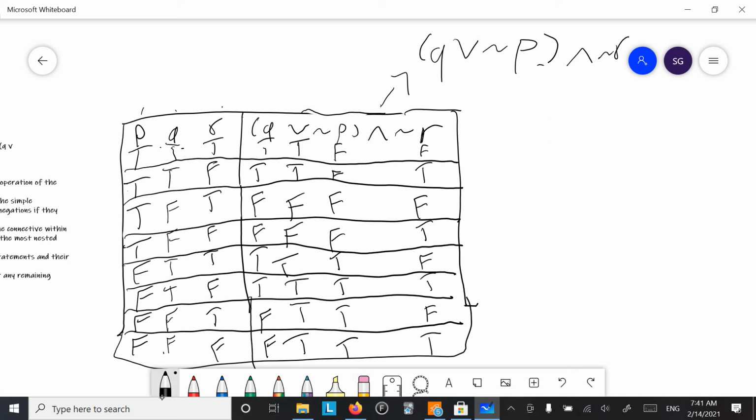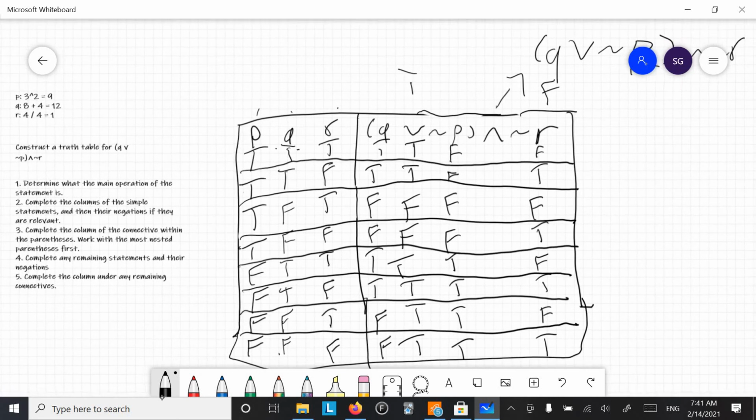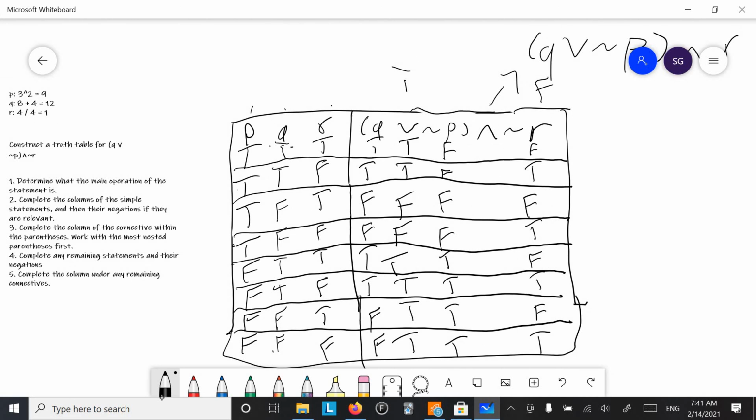Okay, so how do we figure this out? So what do we know here? We know this is true, but this is false. So that means the conjunction is also false. You see, in the next row, disjunction true, negation of R true.